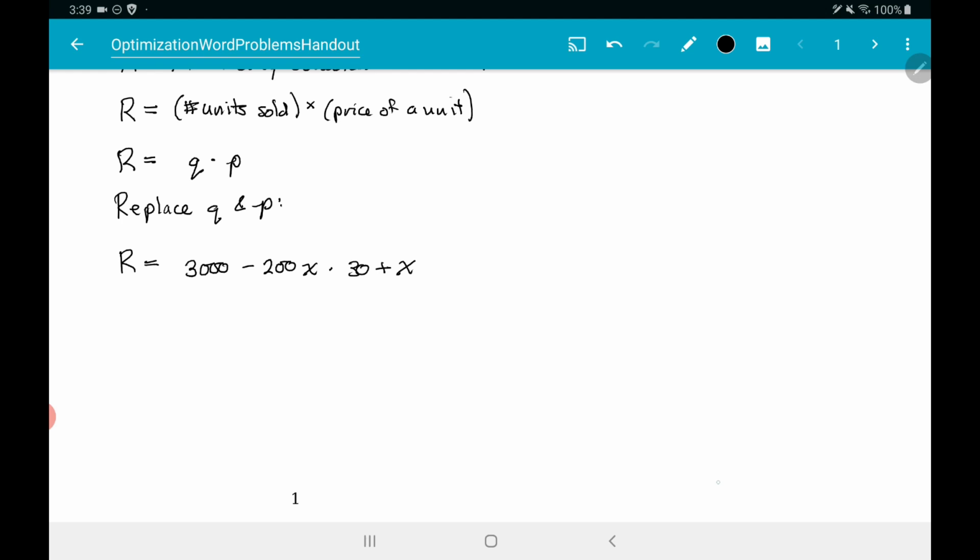Now I hope you're thinking, what mistake am I about to make? What mistake are we always about to make? We need parentheses. You need to multiply the entire replacement for q times the entire replacement for p. If you don't have those parentheses, you're going to get a mess.